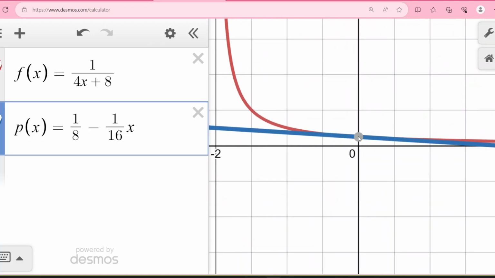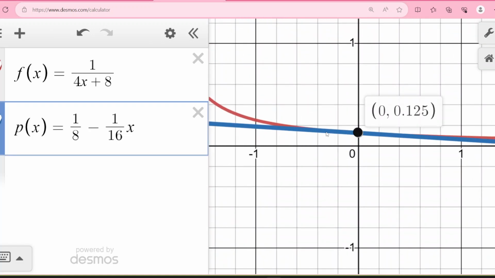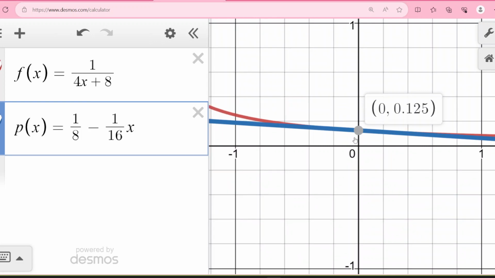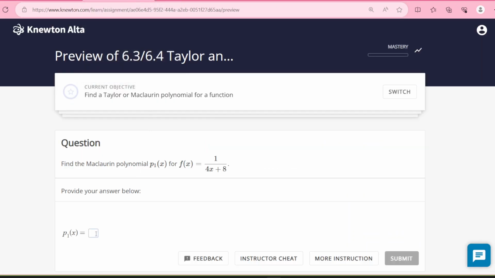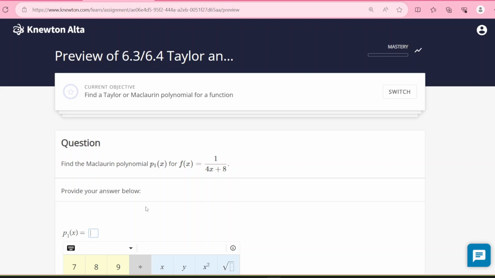But near 0, the blue line looks pretty reasonable as an estimate to the red graph, to our function.